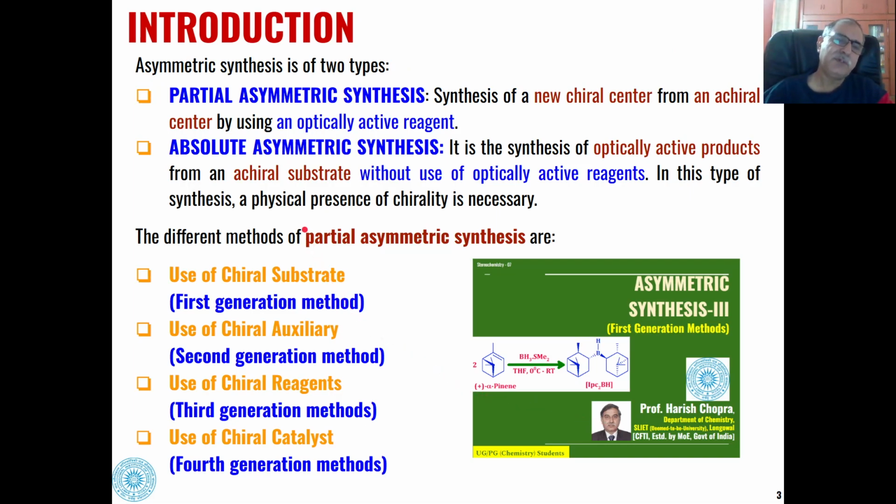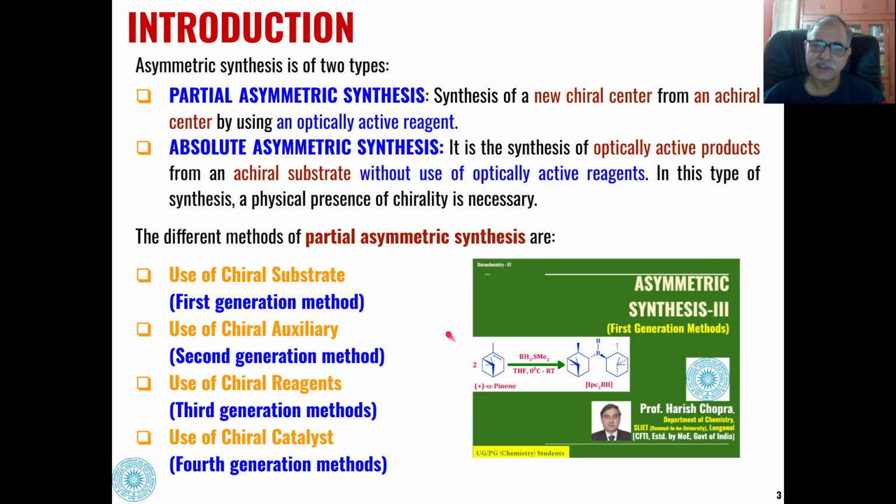As far as asymmetric synthesis is concerned, it may be of two types, that is partial asymmetric synthesis or absolute asymmetric synthesis, which we have studied in our second lecture on asymmetric synthesis. And then in the third lecture, we discussed first generation methods, that is, how a chiral substrate can be used for partial asymmetric synthesis.